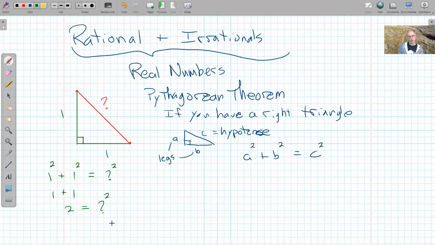Can anybody tell me what number has a square of 2? 1 squared is 1 and 2 squared is 4, so what number has a square of 2? We already went over this a few minutes ago.